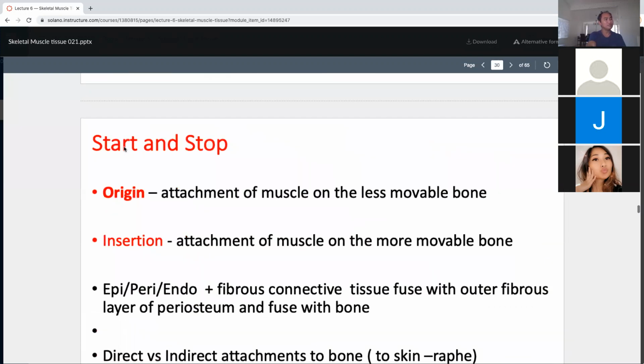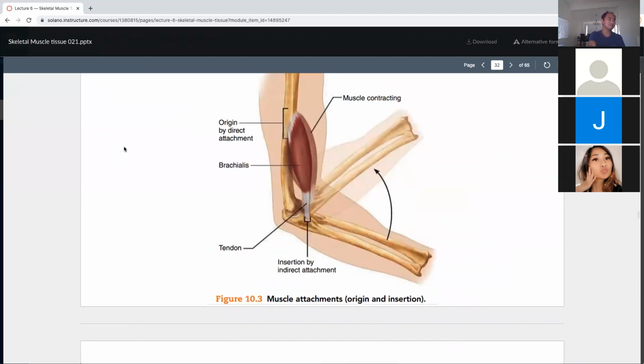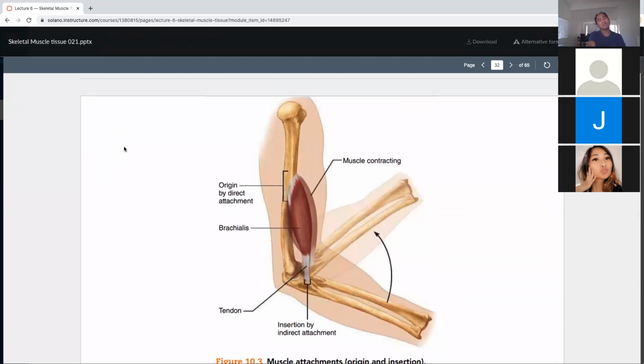So let's move on. So origin and insertion, like the way the clinicians remember origin and insertion is anything proximal attachment to the bone is origin, any distal attachment to the bone is insertion.